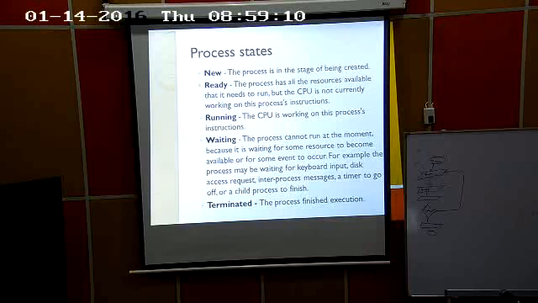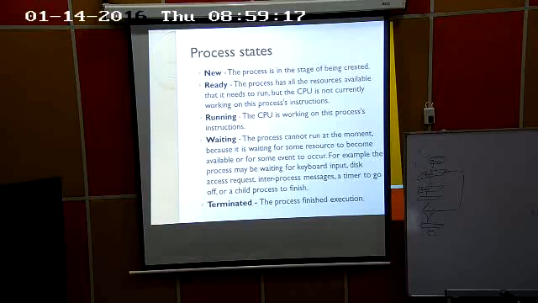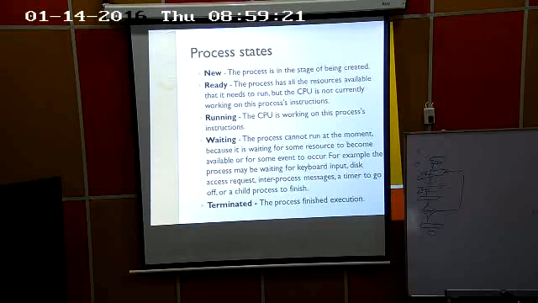Your job or your activities is ready. Okay, running: the CPU is working on the process instruction. For example, if job 1 is working on it.